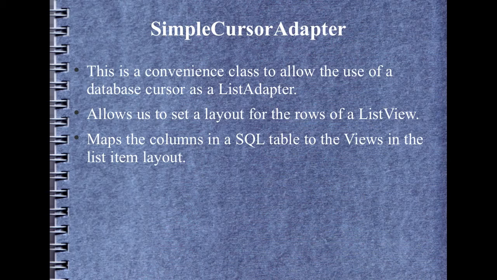What it does is map the columns in an SQL table, the cursor, to the views in a list item layout. We provide the integer resource IDs in a list item layout, an array of ints. We provide that as an argument to SimpleCursorAdapter, and then it maps it into the list view automatically for us. It's wonderful.